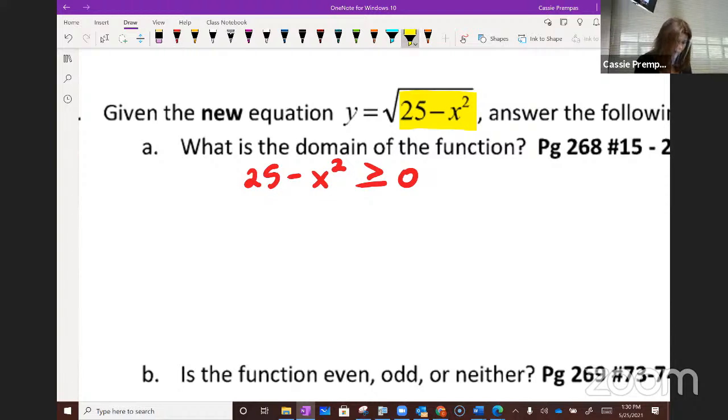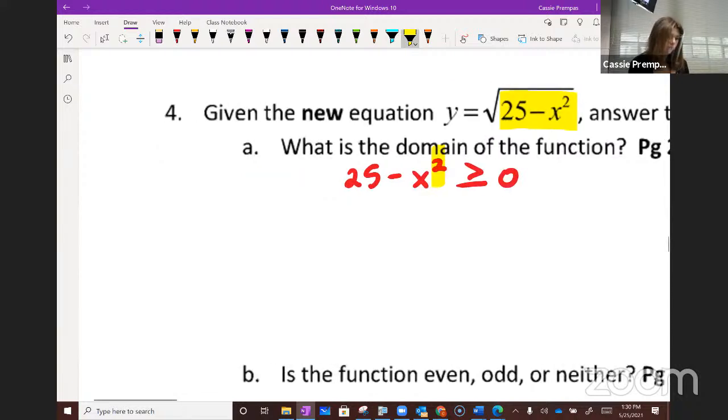I see that this is a quadratic. We call this nonlinear inequalities. Do you guys remember how to solve those? You do not add x squared to the other side. Do you guys remember? Do you distribute x minus 5 and x plus 5?